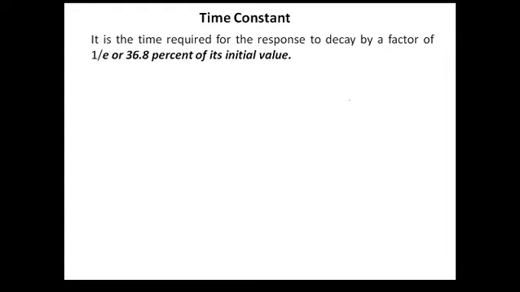It is the time required for the response to decay by a factor of 1 by e, or 36.8% of its initial value. It is also time only. It is the time required for the response to decay by a factor of 1 by e.